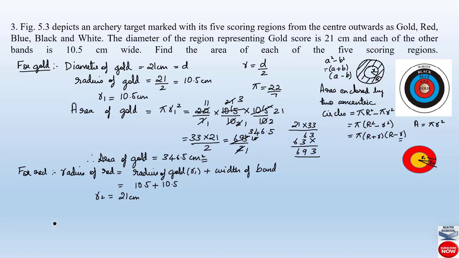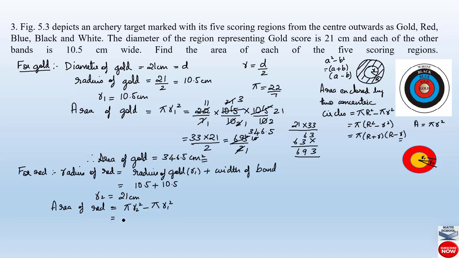Now let us calculate the area of red. I told you before that we are using this formula: pi into the radius of the bigger circle, which is R2, so R2 square, minus pi into the area of the smaller circle. In this case our smaller circle is the gold circle whose radius is R1, so it is R1 square, right?